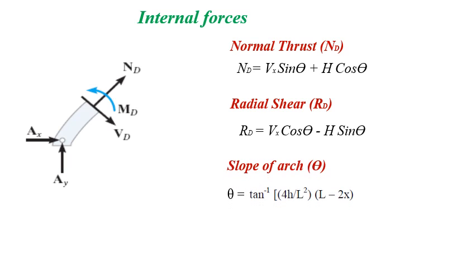The slope theta is obtained from y is equal to 4h by L square into x into L minus x. If you differentiate that equation, you get tan theta. So theta is equal to tan inverse of 4h by L square into L minus 2x.